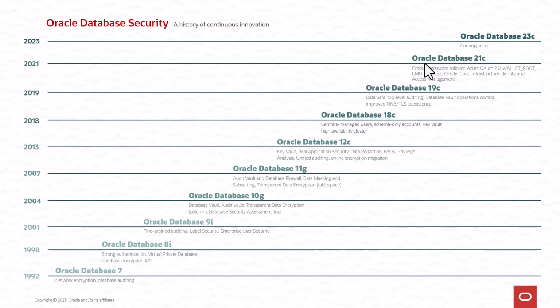Also, additional features provided as options on top of Enterprise Edition, the Advanced Security option or Database Vault, and even some companion products such as Audit Vault and Database Firewall or Oracle Key Vault for management of encryption keys. So a history of lots of security features, and obviously 23C is strengthening this offering with still more features.